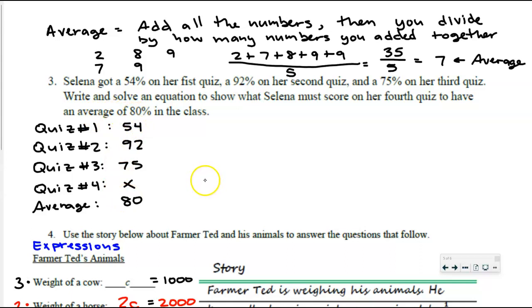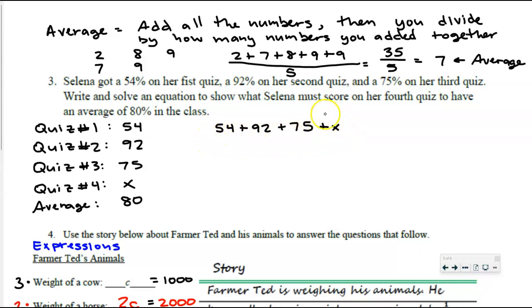How do I find an average? Add up all the numbers and then divide by how many numbers I just added together. So what are the numbers that I need to add together here? 54 and 92 and 75 and x. That's how the average works.